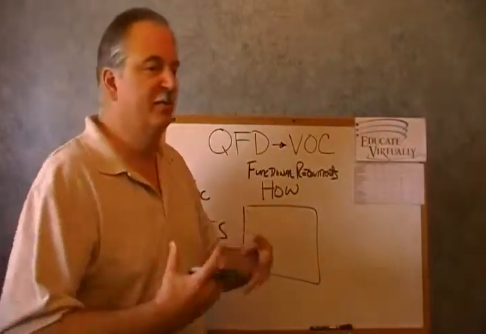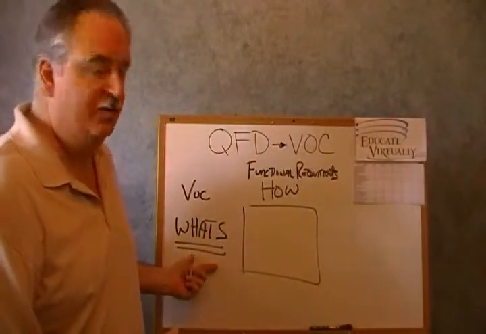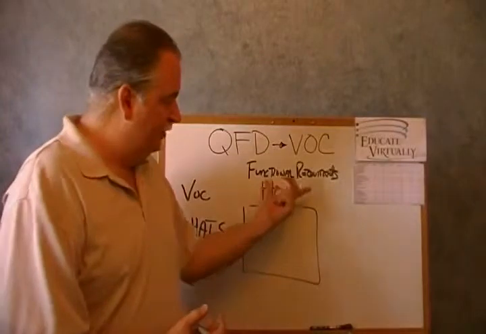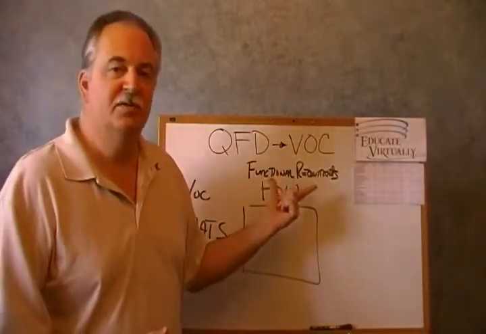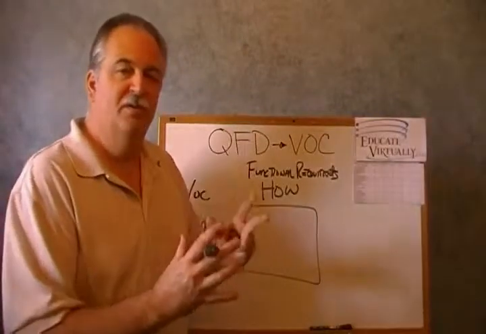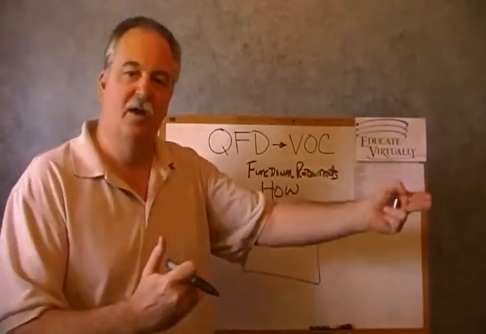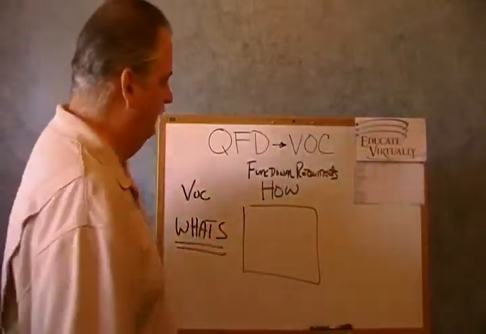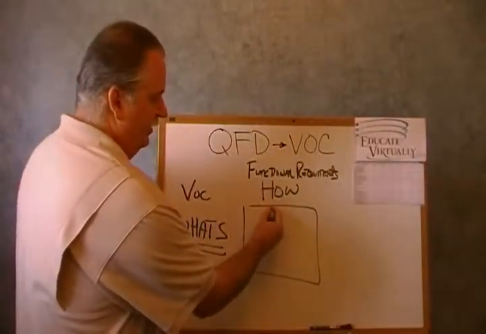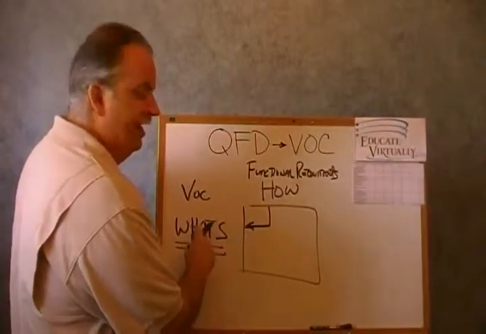What are they going to have to be able to do so that we can achieve meeting the voice of the customer? And then to help us with this laundry list of functional requirements, we want to narrow that field down to the key requirements that we have to have, which then leads to the processes that we have to design.